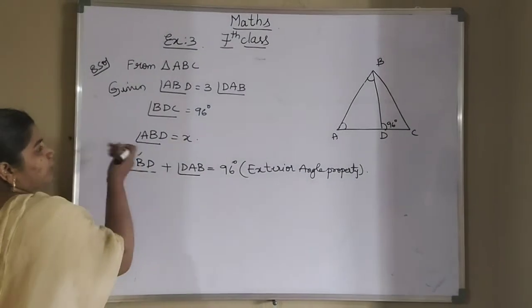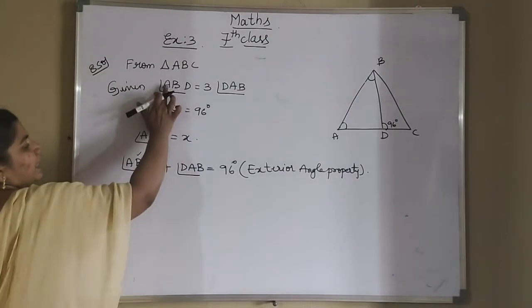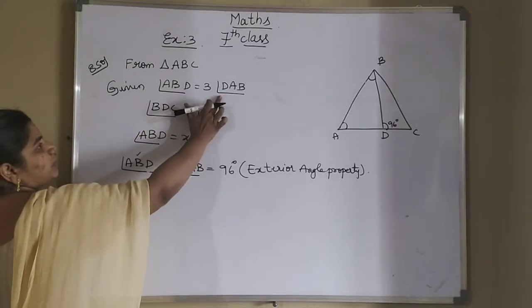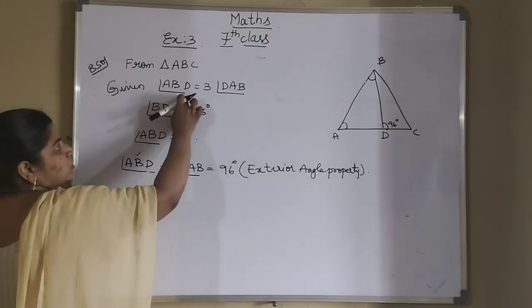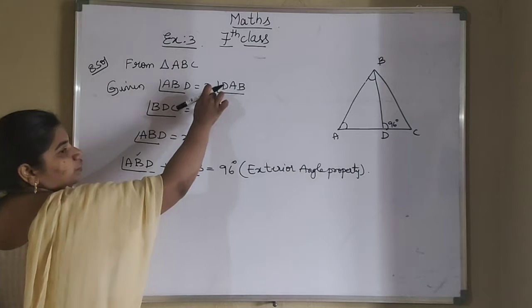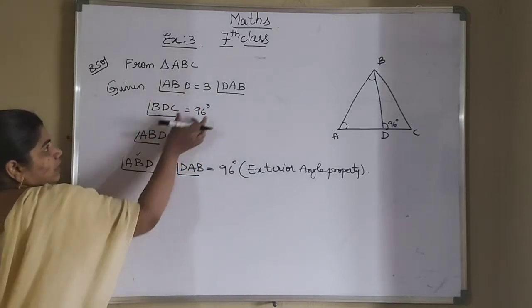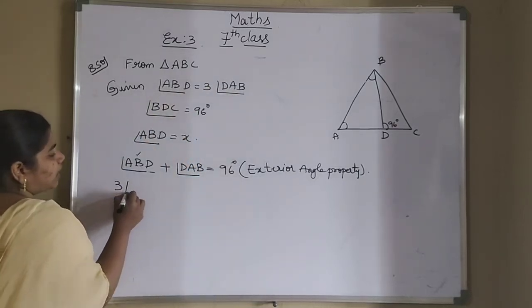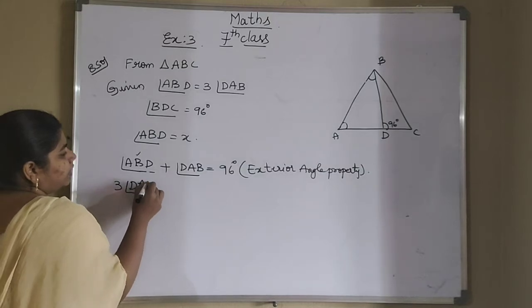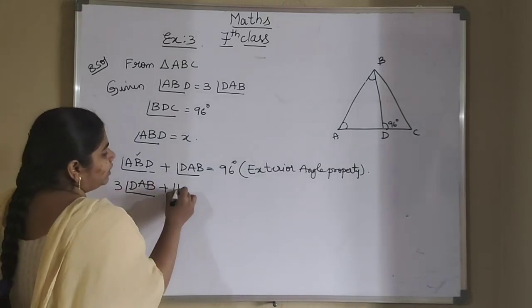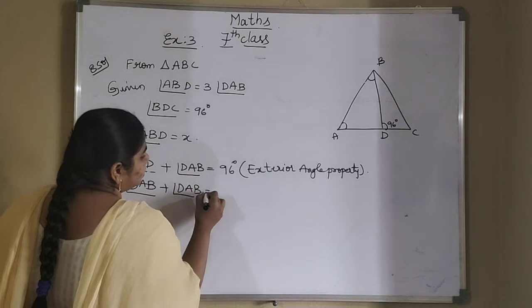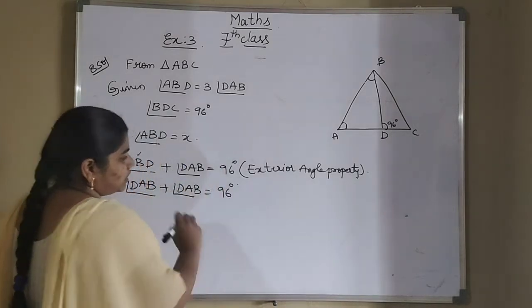Okay. So now already they have given angle ABD is equal to 3 angle DAB. So in place of this, you can substitute this value. So in place of this, I am writing 3 angle DAB plus angle DAB is equal to 96 degrees.